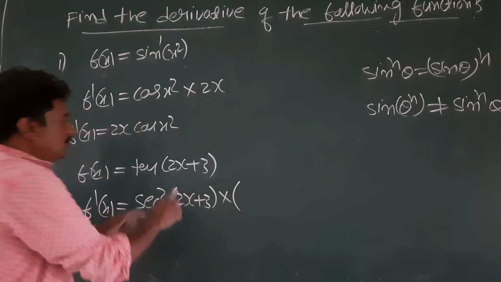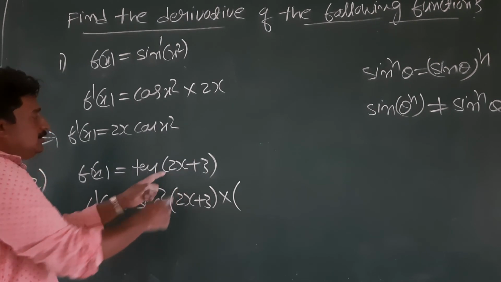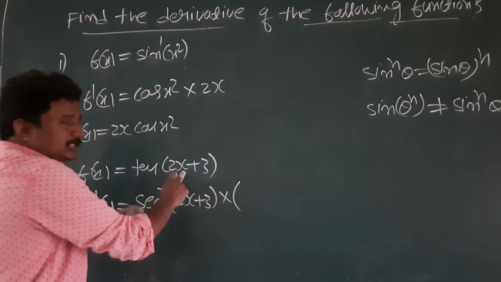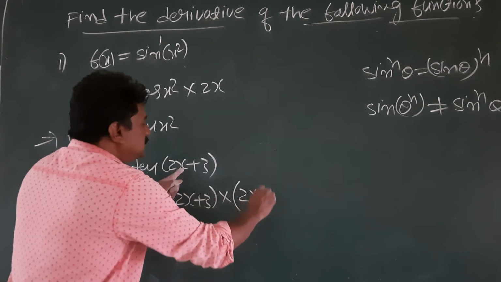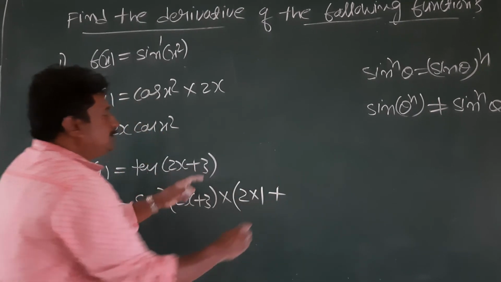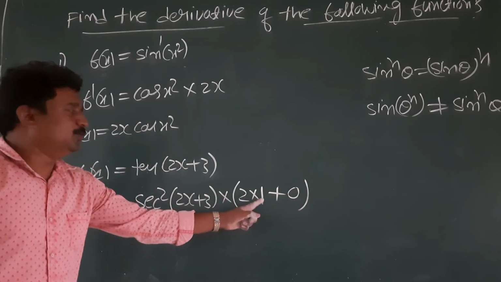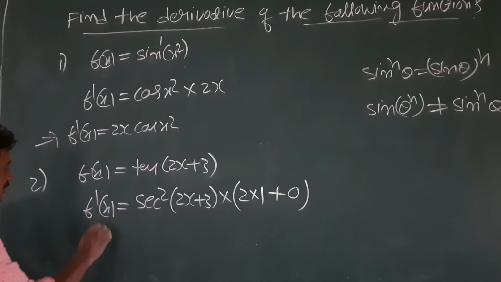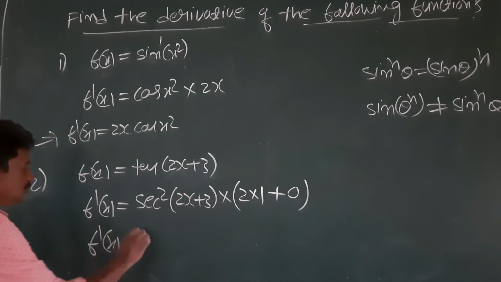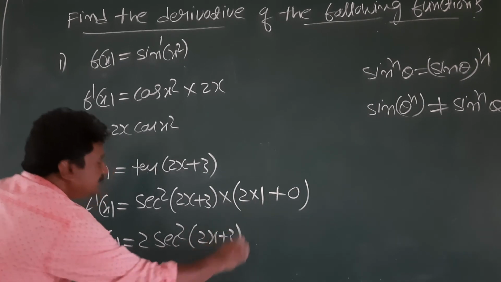The 2 is a constant into function, so keep the constant as it is. Differentiation of x is 1, plus differentiation of 3 is 0. 2 into 1 is 2, 2 plus 0 is 2. So f dash x is 2 into secant square 2x plus 3.